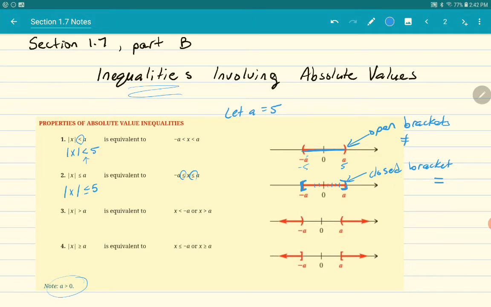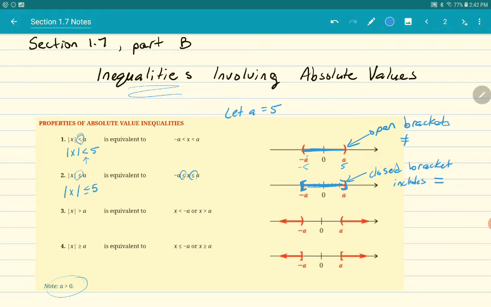So closed includes equal. So equal is an option. All right. So when we have a less than sign, that means we're between two units. The distance between 0 and that other value, whatever a is, is less than a or less than or equal to a. So we have one section for less than signs.